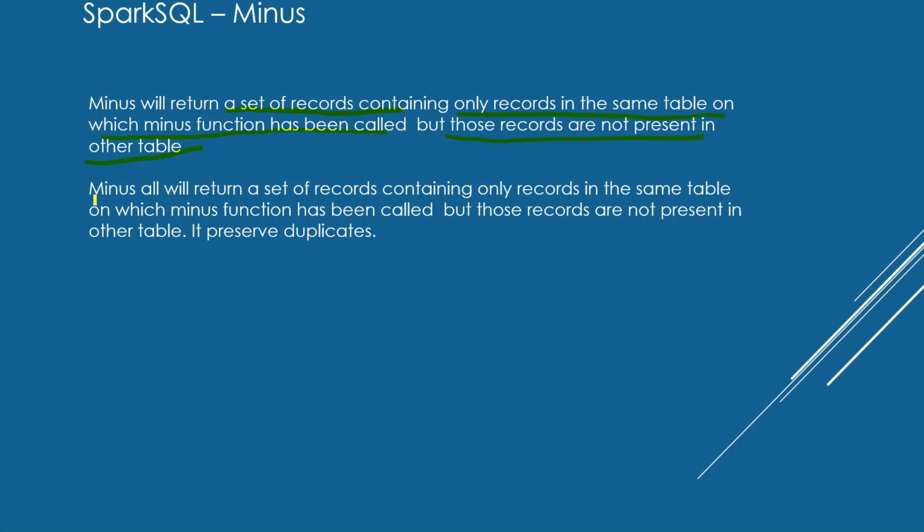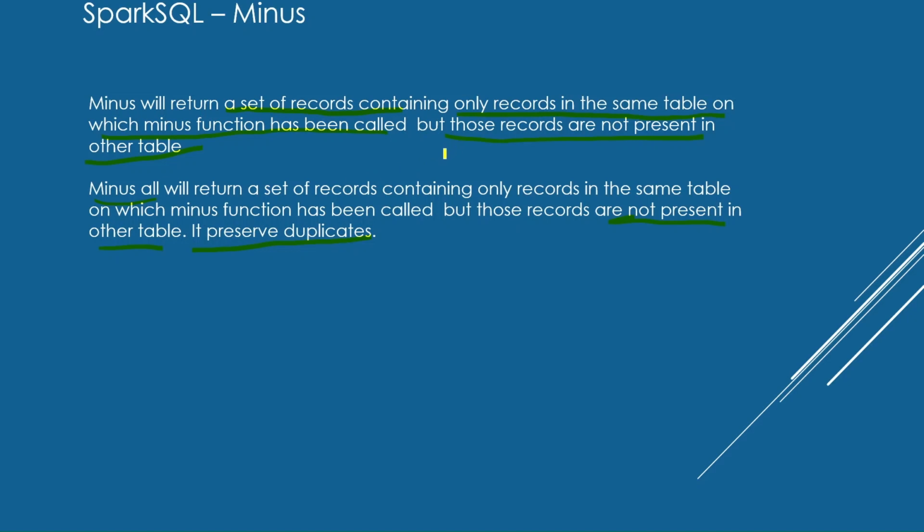There's another thing known as minus all. It will do the same thing, but it will preserve the duplicates. What do we mean by duplicates? Suppose in the source table there are 2 records that are duplicates, and 1 record is present in the target table.